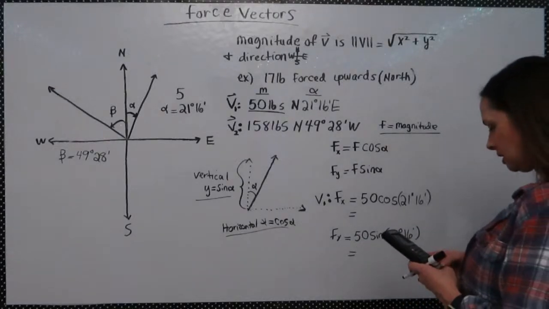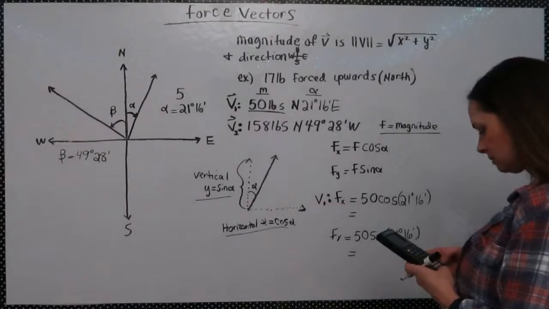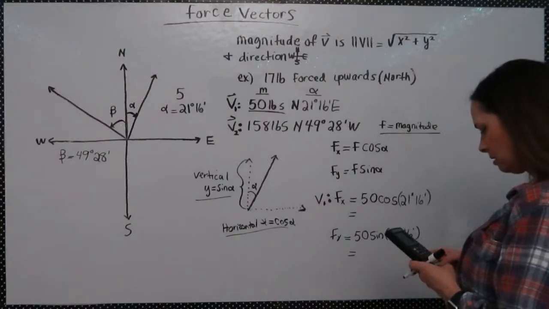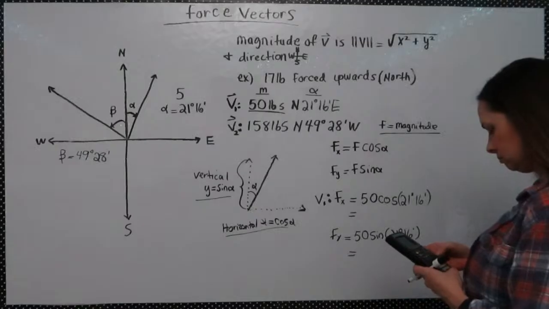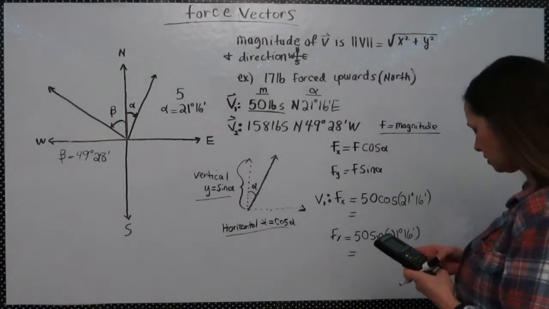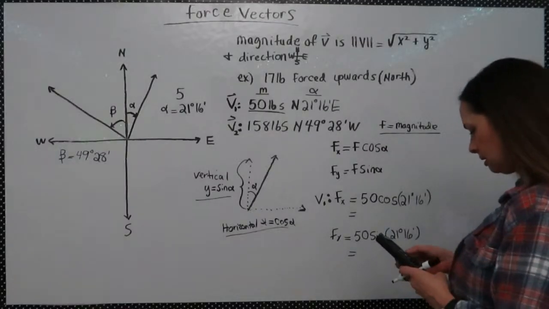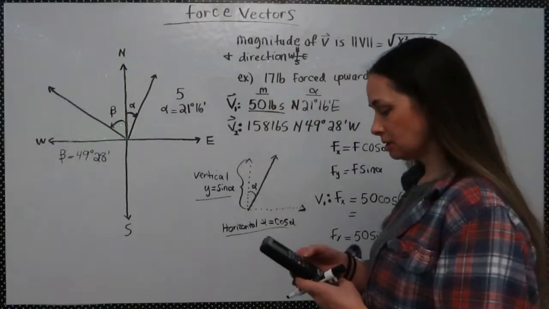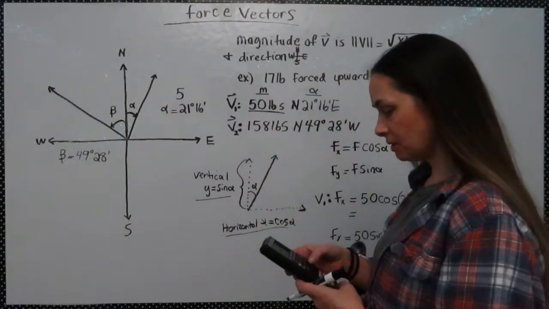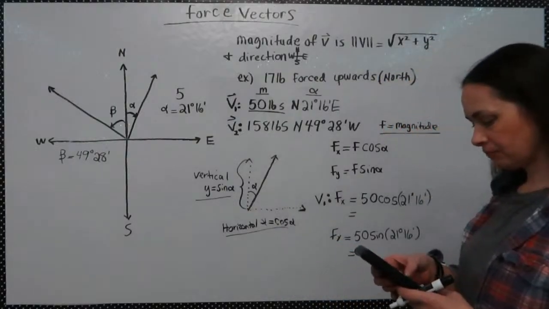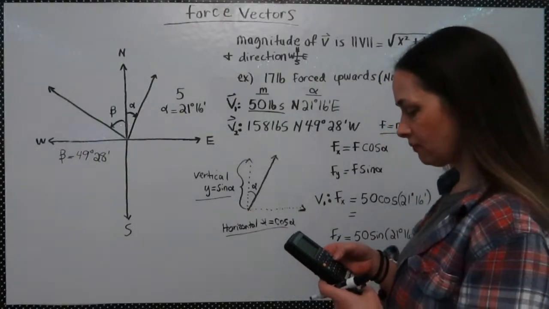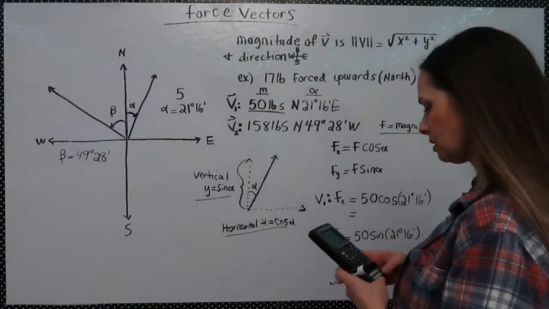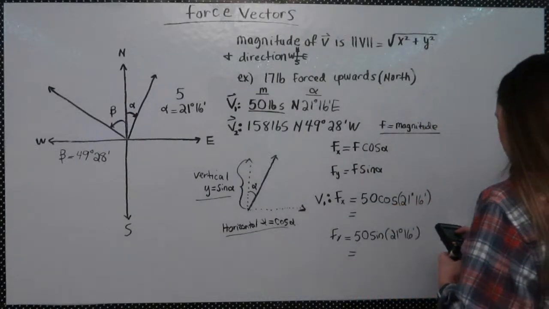So 50 cosine 21 degrees, 16 minutes. The calculator does have an angle button on here. It's the second feature. If you have one of these fancy calculators, it will give you the exact figure with minutes. So I'm just going to round.